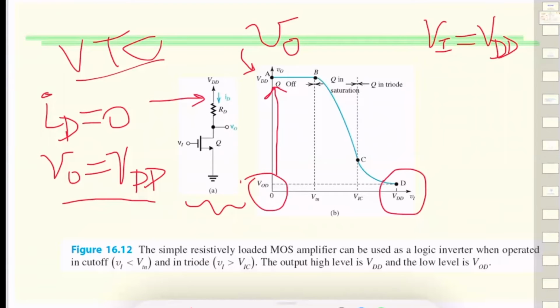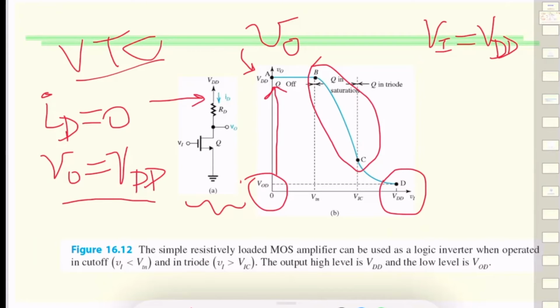And if you think about it, this is exactly opposite to what we would do in an amplifier. In an amplifier, we want to restrict our operation to this almost linear region, so we can have our output follow our input. In the case of an inverter, that's not the case.